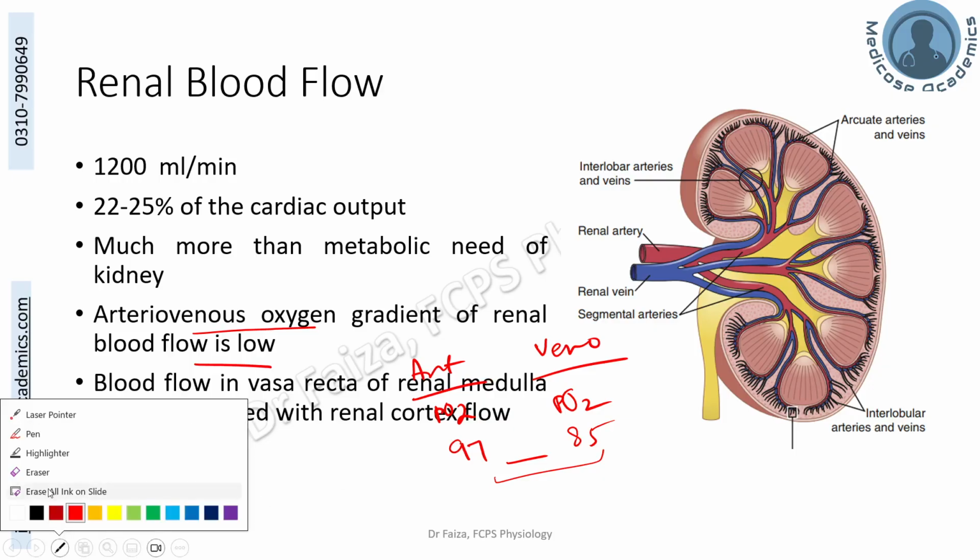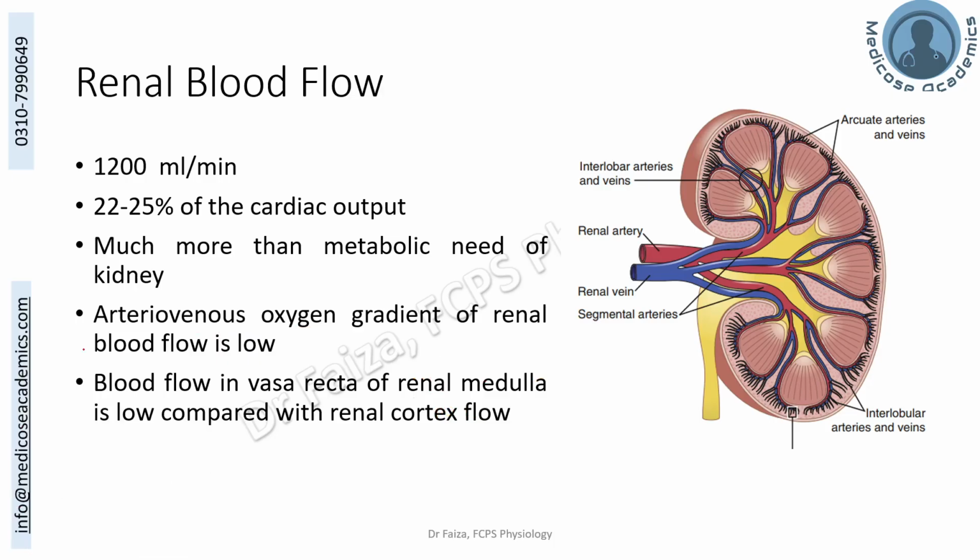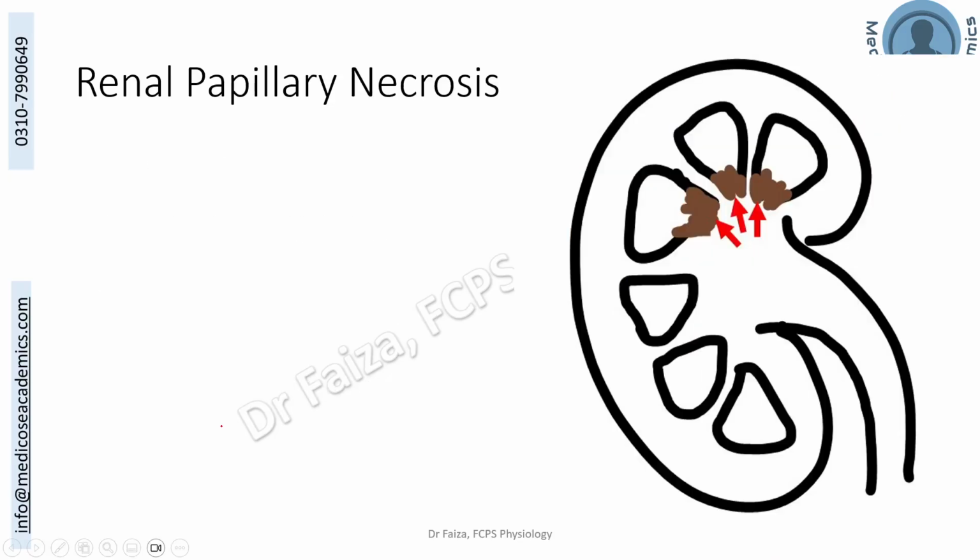Also, a special feature of blood flow to the renal vasculature: blood flow to the medulla via the vasa recta is much lower as compared to the renal cortical flow. As you can appreciate, this is the cortex, this is where the medulla and the renal pyramids are, and especially at the apex of these renal pyramids at the level of the renal papilla, the blood flow is so low that in case of hypotension or decreased renal blood flow, this is the area which is most prone to ischemia.